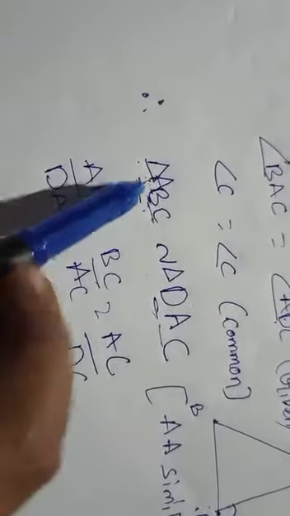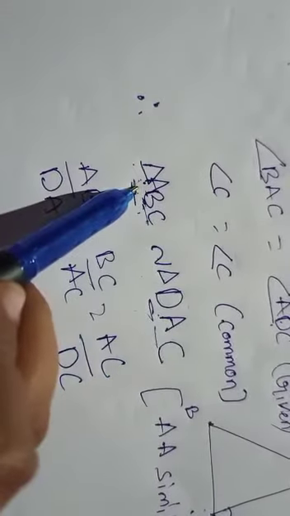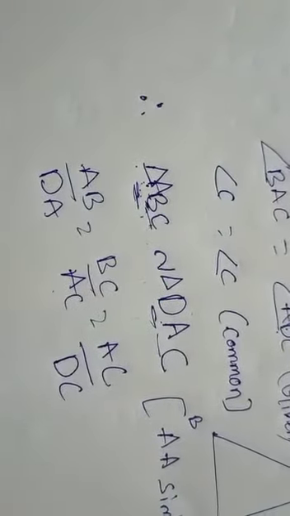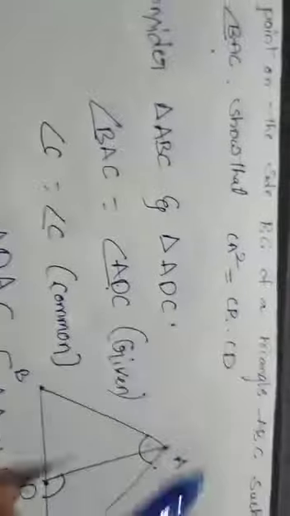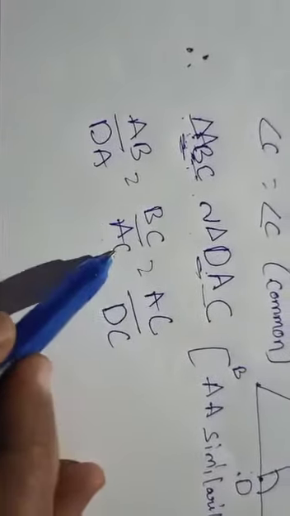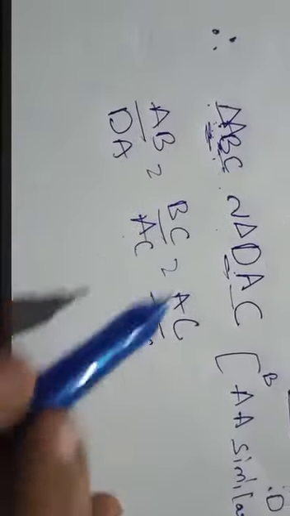Here we have to prove CA square equals CB into CD.